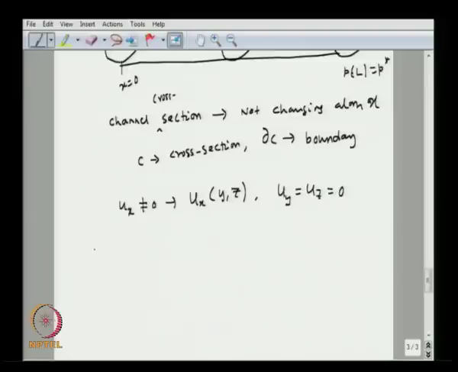So, we can write down the Navier-Stokes equation, okay. So, first we write down the x component.